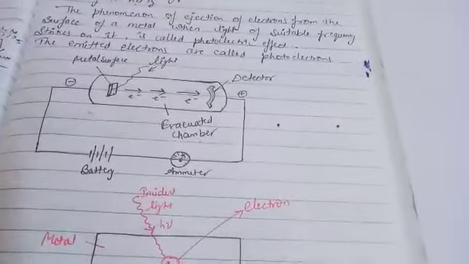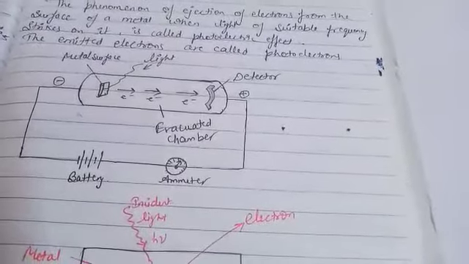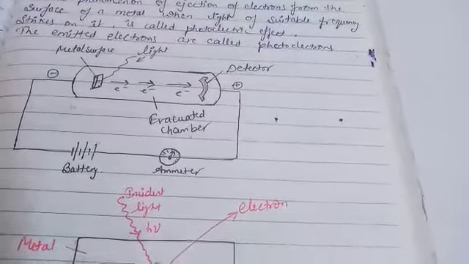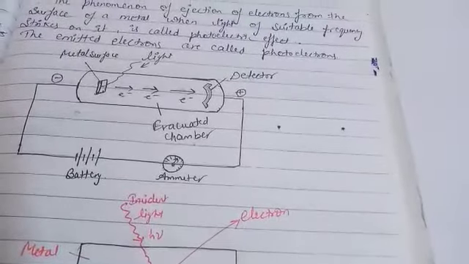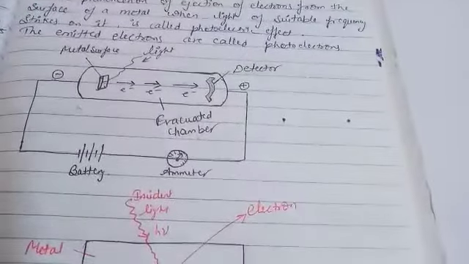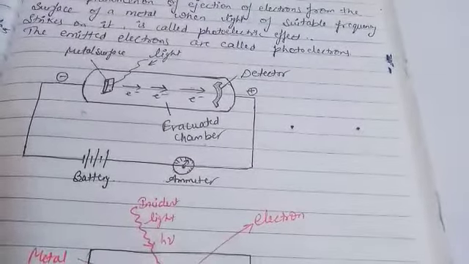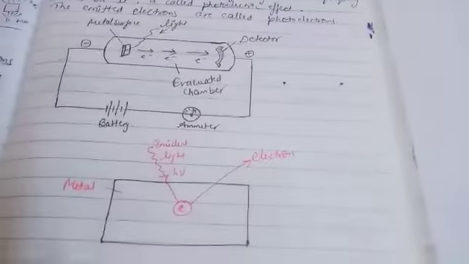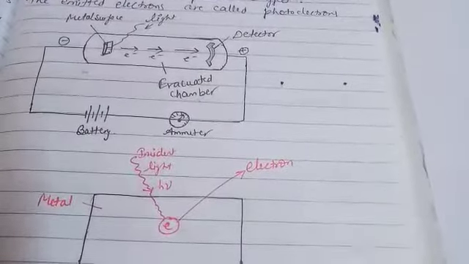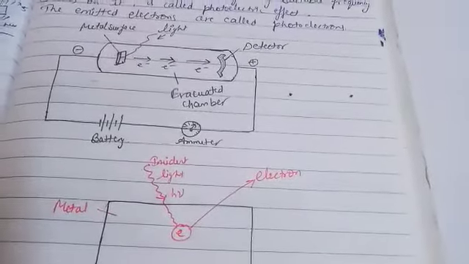Now first, if we are talking about frequency, see, we can take a very general example of a color TV. In the case of frequency, when you change the color, or if we relate it to the color of light, it means if there is a change in color, then we are changing the frequency. That is responsible for the color change. And if we are talking about intensity, intensity is related to brightness. If you increase or decrease the brightness, it means we are changing the intensity.